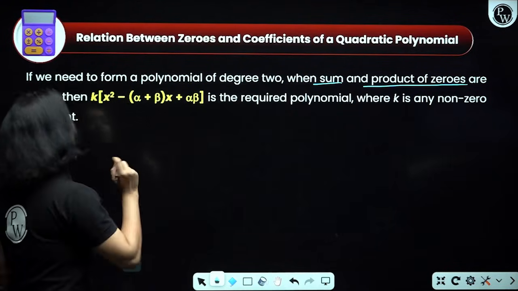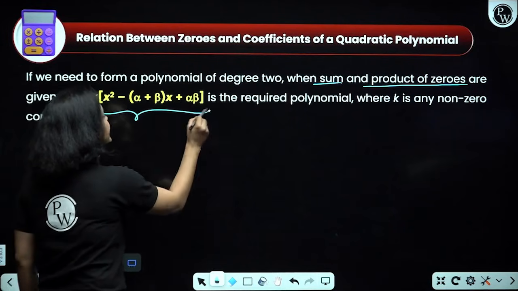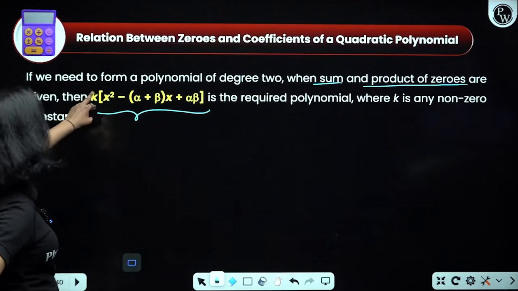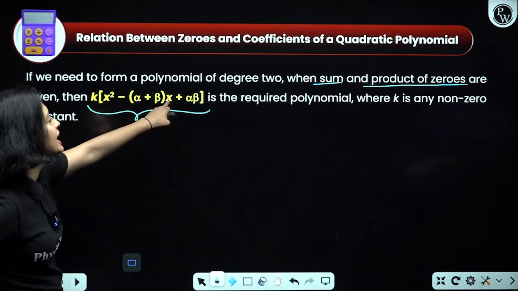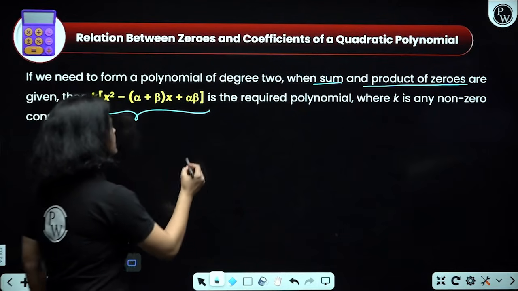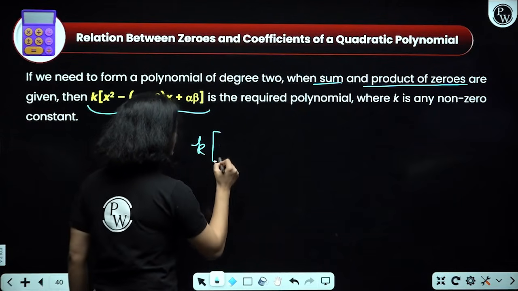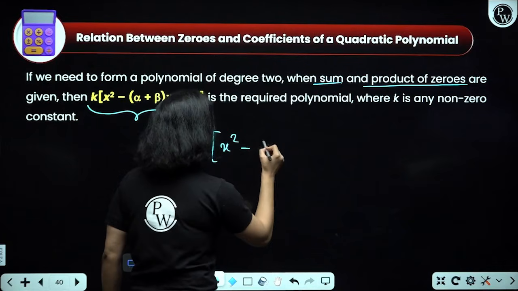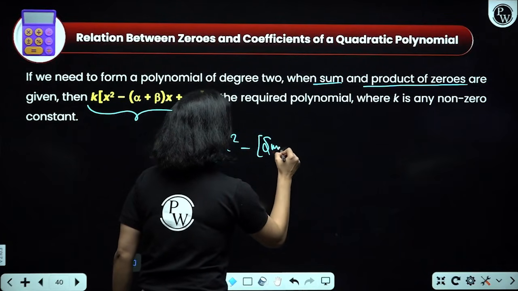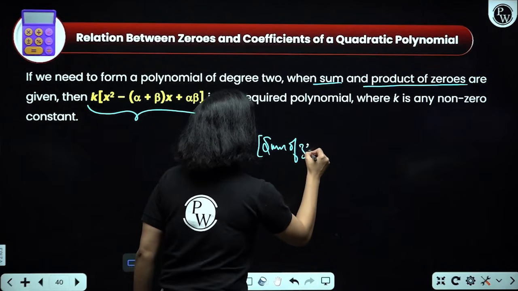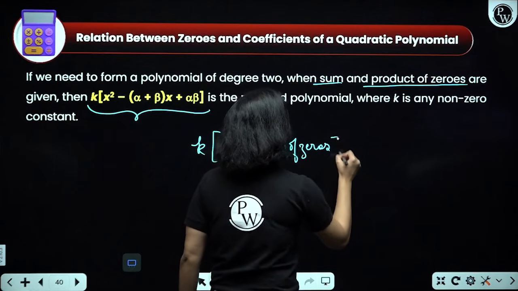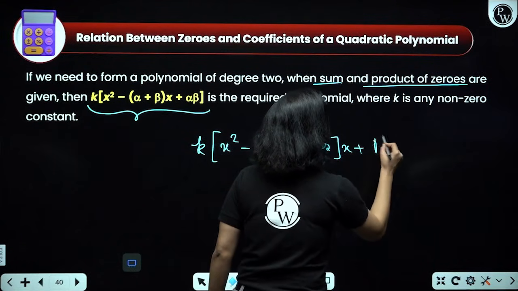The quadratic polynomial would be nothing but any constant k multiplied with x square minus alpha plus beta x plus alpha beta. That means you can write it like this: k times x square minus sum of zeros into x plus product of zeros.